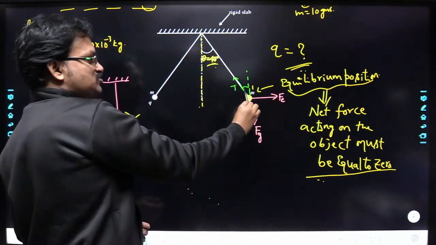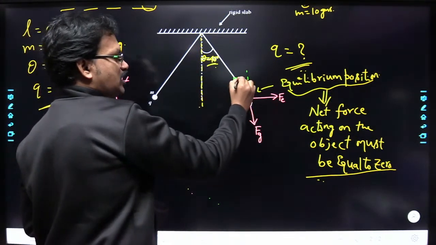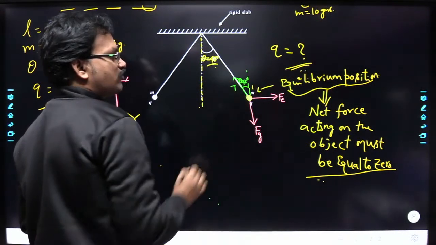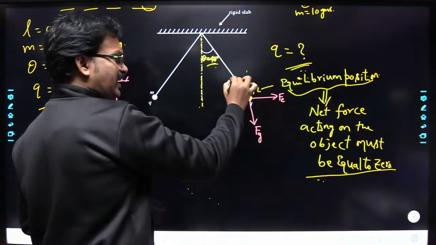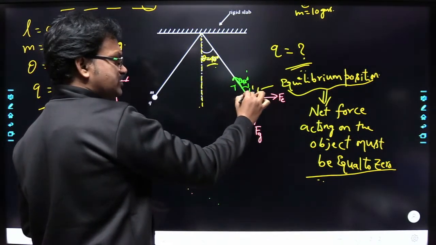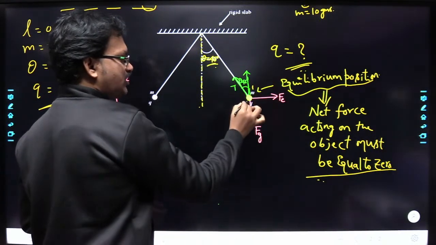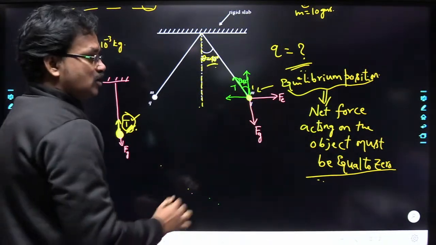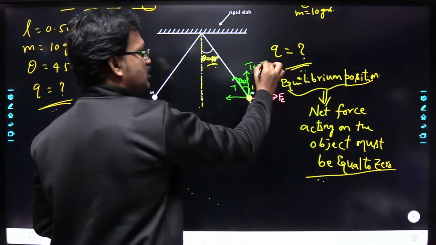I am drawing a line parallel to the vertical here, so theta is equal to 45 degrees. Then I can resolve this tension force into two components, one along this direction and another along this direction. This component of force is nothing but T cos theta.